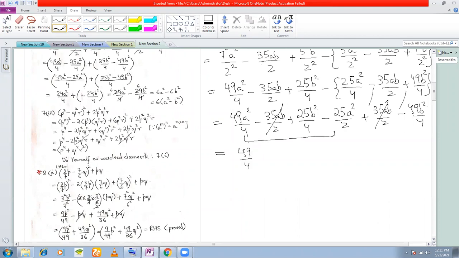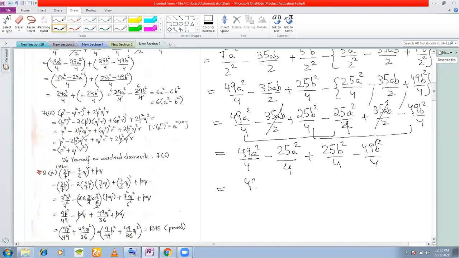These two are like terms, so we collect them together: 49a² by 4 minus 25a² by 4. Here, these two are also like terms: plus 25b² by 4 minus 49b² by 4. Now we take the LCM.